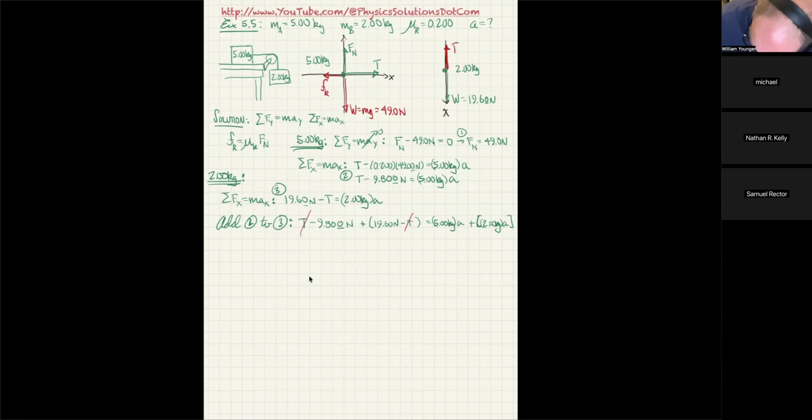And I can also see that I've got 5 kilograms times A plus 2 kilograms times A. That's going to give me 7 kilograms times A. And in fact, 19.6 minus 9.8 is going to give me 9.800 newtons for the left-hand side is equal to 7.00 kilograms times A for the right-hand side.